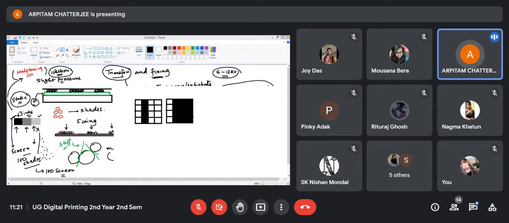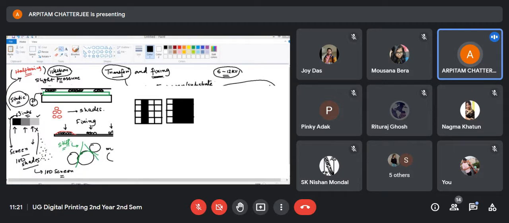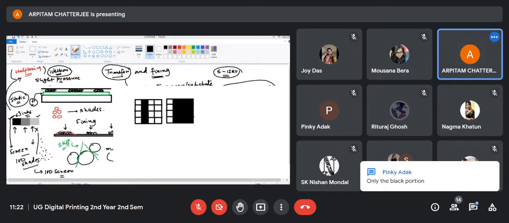No, don't tell me the values. Just tell me physically what you are going to see. Are you going to see a darker shade or a lighter shade? This will be a darker shade or a lighter shade. Left one.